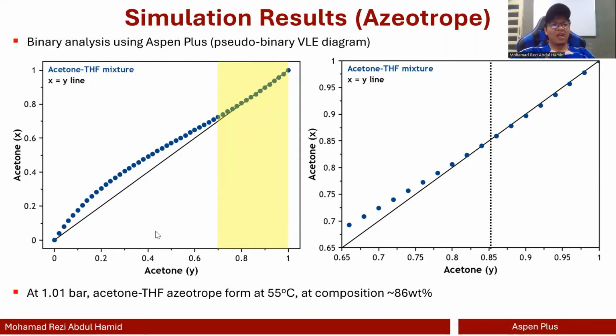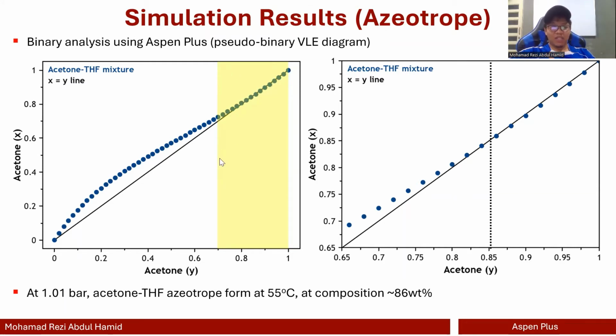But in this case, as opposed to plotting the temperature versus composition of liquid and vapor, in the pseudo-binary VLE they put acetone composition in vapor phase, these are y, in the y-axis, and then acetone composition in liquid phase in the x-axis, and then plot them here. And of course, these are not that clear.